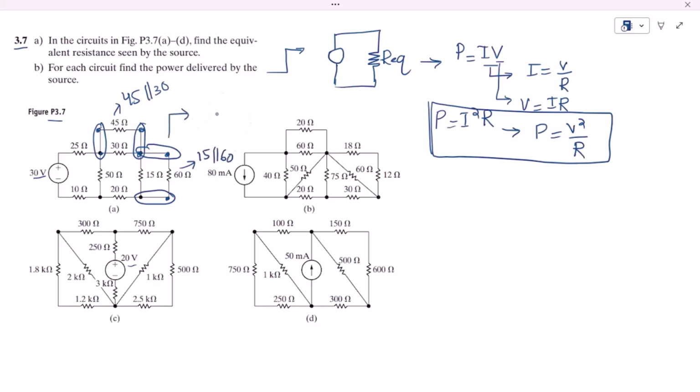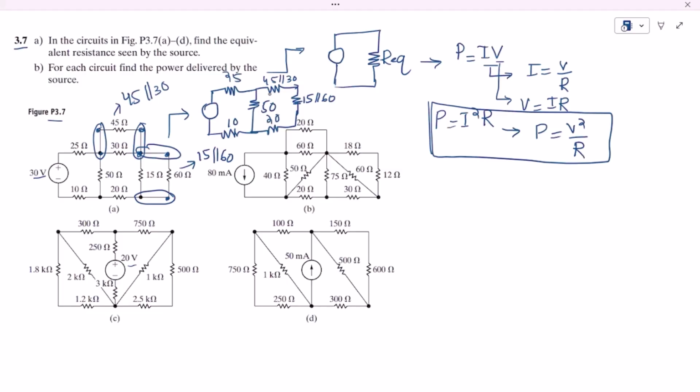Once you find it, this will be 25, the resistance here is 50, this is the 10 ohm, and this is the R equivalent one, which is 45 in parallel with 30. This will be the equivalent of it, and here it will be the equivalent of 60 and 15, which is 15 in parallel with 60, and here this resistance is 20.